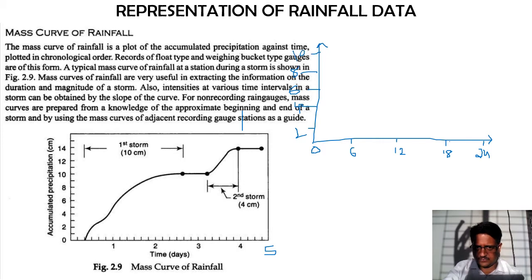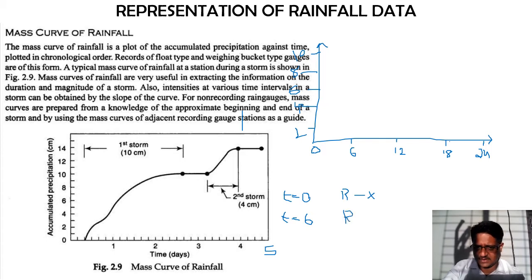Before I draw this curve, let us assume some things. When time t equals 0, there was no rainfall, where r indicates rainfall. Now when t equals 6 hours, the rainfall has started.